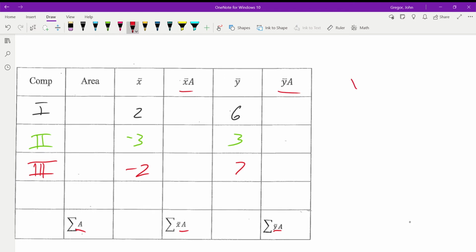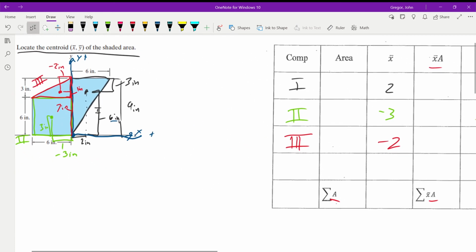My x bar is simply going to equal the sum of x bar times A over the sum of A. And in the same way, y bar is the sum of y bar times A over the sum of A. That gives me that. So now, like I said, all we have to do is calculate the areas.